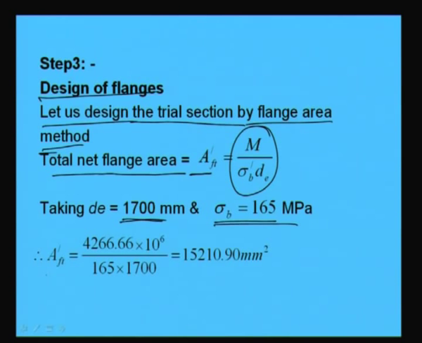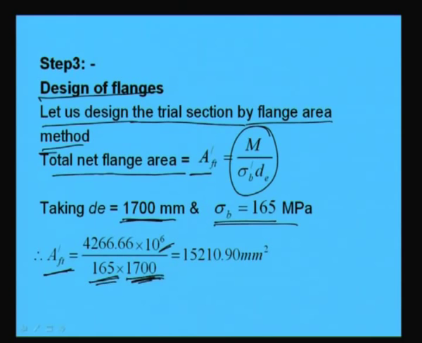Now, area of flange will become M by sigma b into d. So, M is 4266.66 into 10 to the power 6 Newton millimeter by 165 MPa sigma bt, and 1700 is the depth.